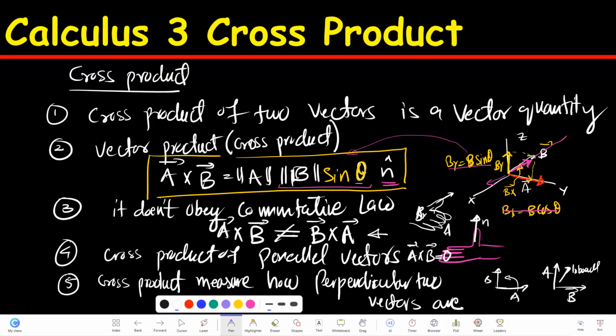If they are closer to 90 degrees, they have a larger cross product. If they are not close to 90 degrees, pretty much 0 degrees, it means they have nothing in common. Does anybody have any question about cross product before I do some problems?